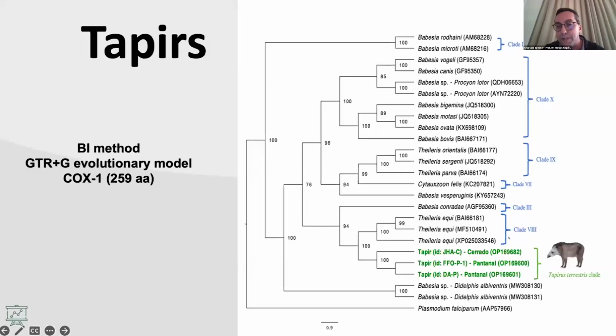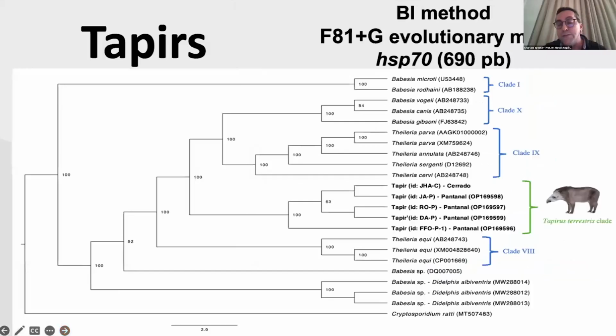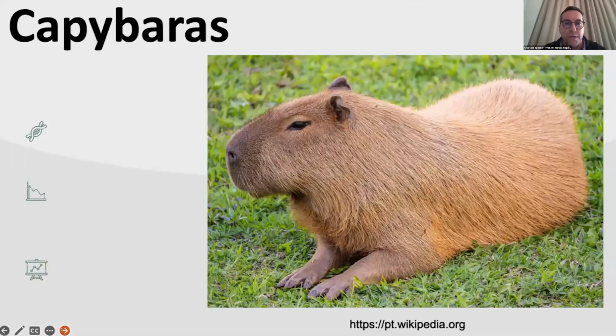There is a separation between the Tapirus terrestris clade and the equi group, which has been shown by Jalovecka and colleagues. And these results were also supported when we built a phylogenetic tree based on heat shock protein 70. Again, very closely related to Theileria equi, but distinct from it.